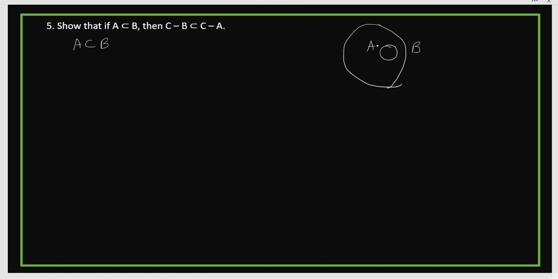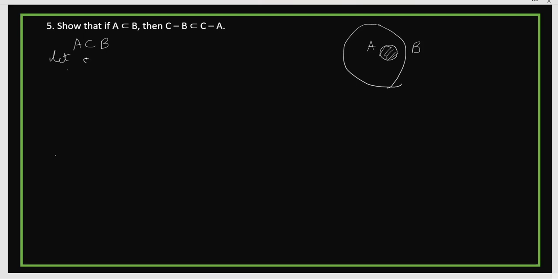All the elements of A are inside it. What we have to show is C minus B is a subset of C minus A.